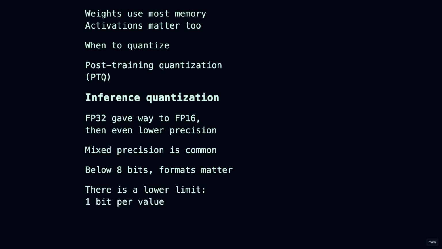Quantization can go very far, but not infinitely far. In the extreme, researchers have explored 1-bit representations, where weights are reduced to the smallest possible binary form.